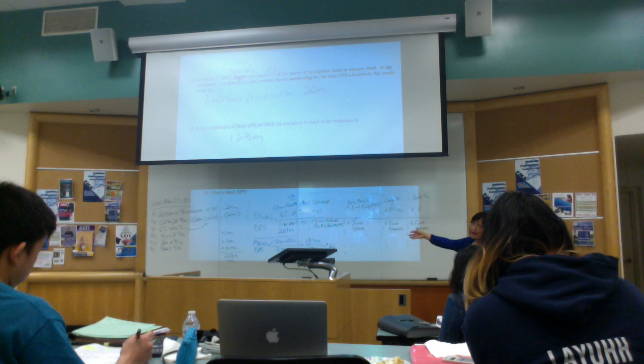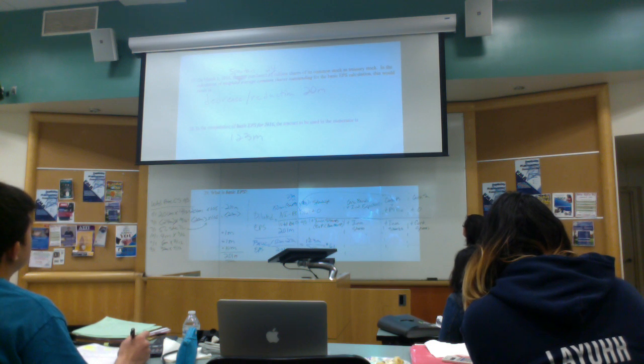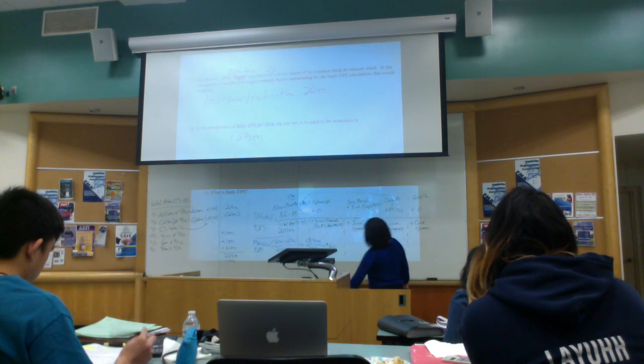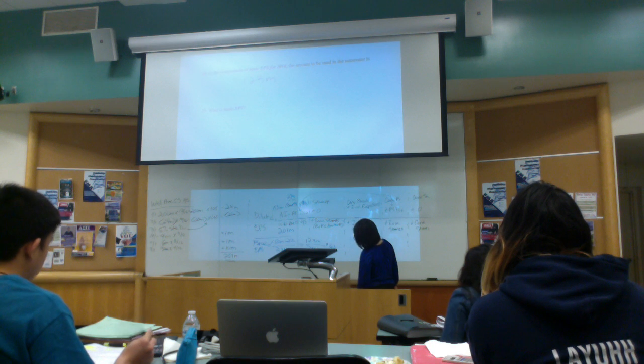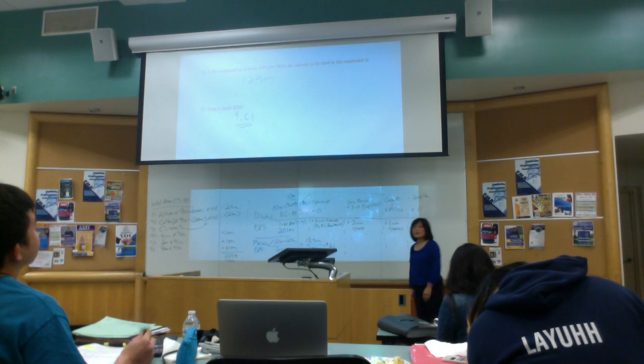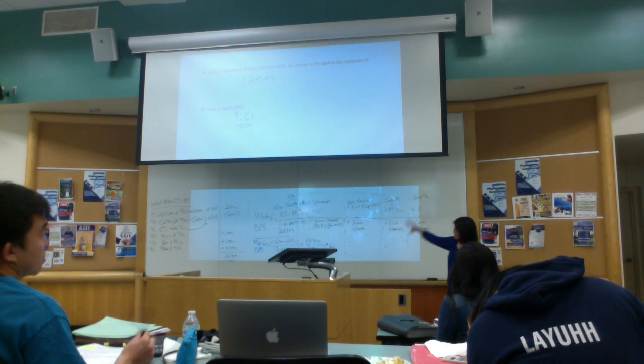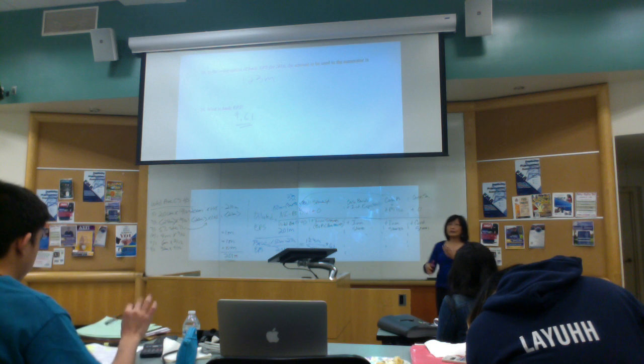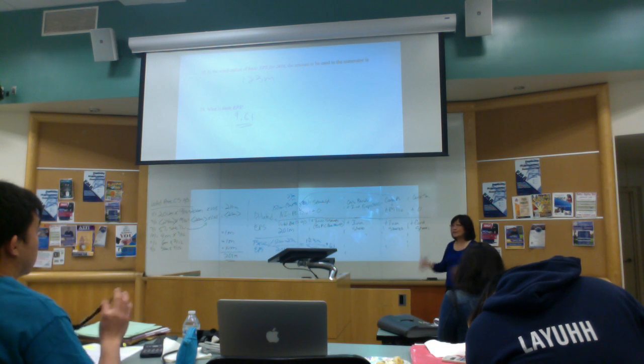So same as the weighted average. So then, last one, what is basic EPS? Okay, all right? So again, going through the process, but then converting it into a multiple choice type question.